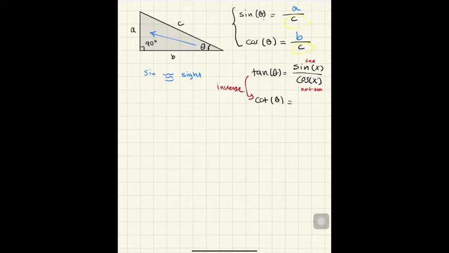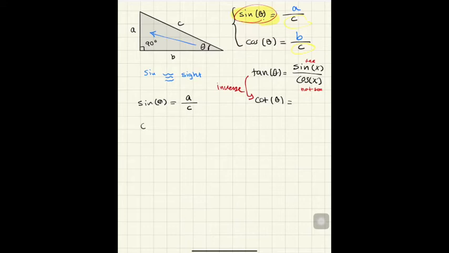The only thing I want you to memorize is the definition of sine of theta. Once you know sine of theta, or sine of x, or sine of whatever, it is obviously divided by the largest side, and on the numerator I put what I can see.